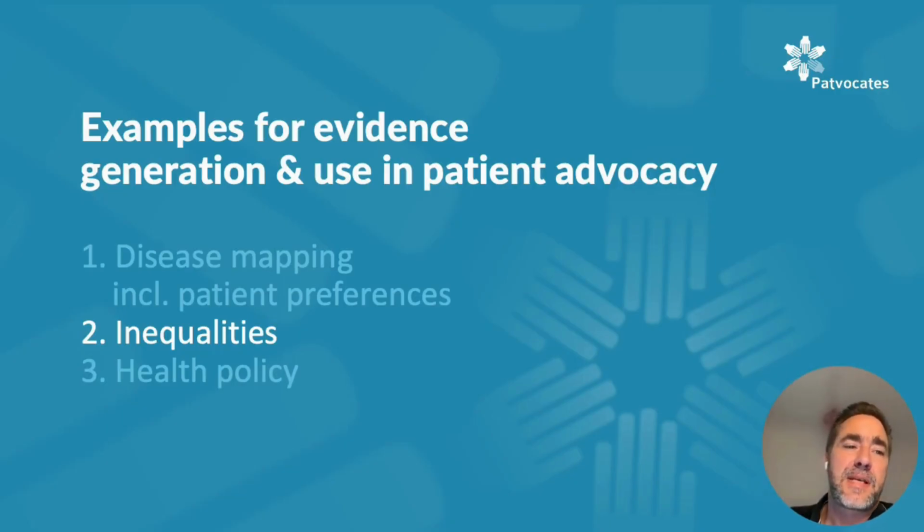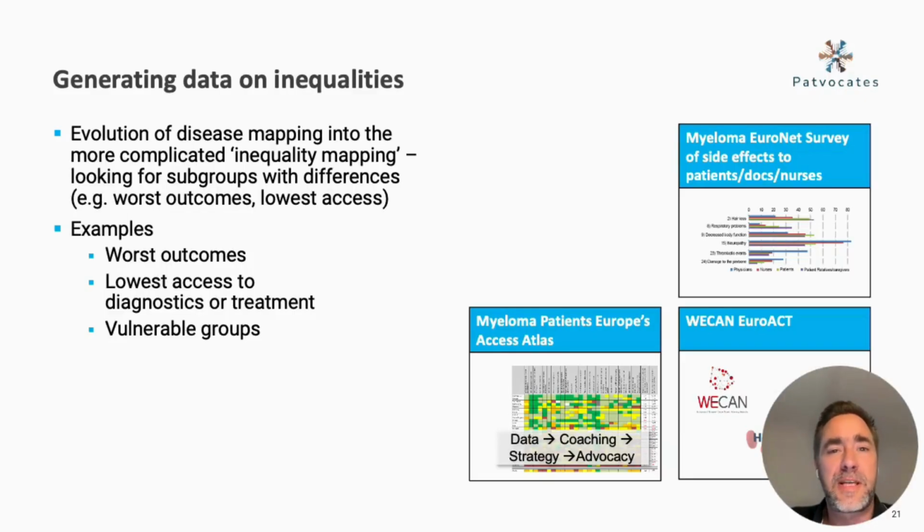So some more examples on inequalities, for example. There might be data on differences like worst outcomes, lowest access to diagnostics and treatment, or vulnerable groups. So there's a lot of data you can generate. And for example, Myeloma Patients Europe has generated a lot of data about the inequalities of access to specific combination treatments across Europe.